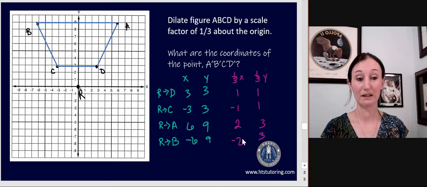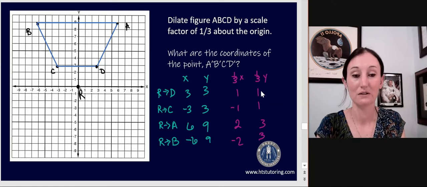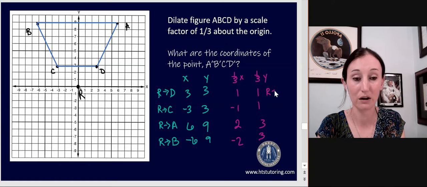So for our dilated image, we are that much closer to actually graphing. Now we go and we graph these. So from R to D prime, R to C prime, R to A prime, and R to B prime.